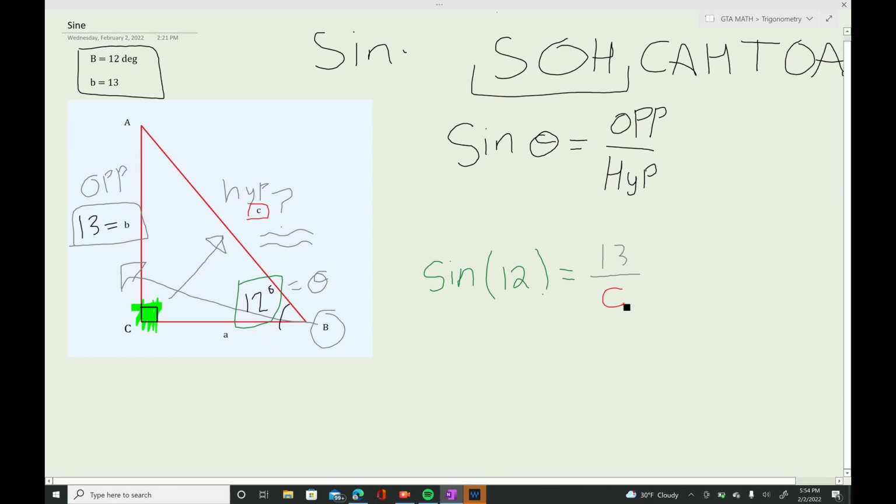Okay. My battery's low, in case you guys didn't hear that. And now we're just going to actually solve for C.